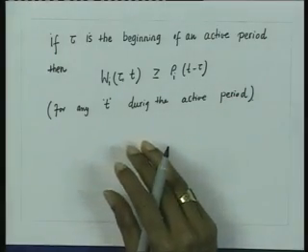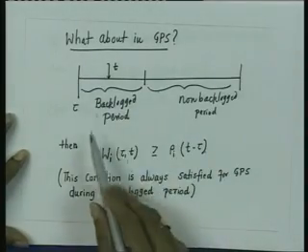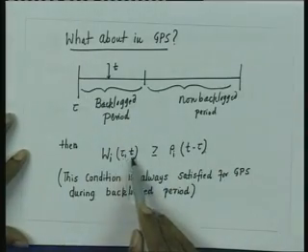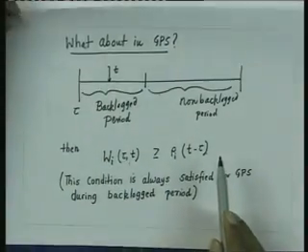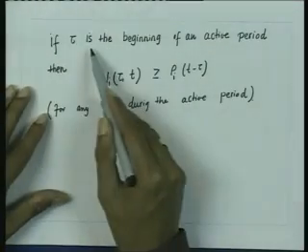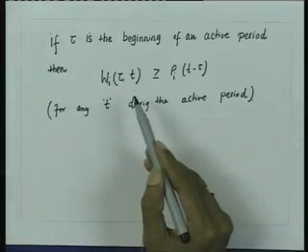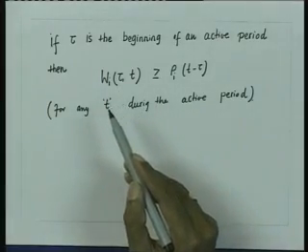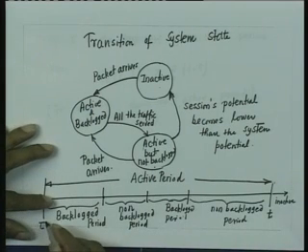On the other hand, as we had seen, in the case of a GPS server this result will hold true for any interval tau to t which is a sub interval of the backlog period. But this result does not hold good for the rate proportional servers. However, for the rate proportional servers, if tau is the beginning of an active period, then this result will hold good. So you can see here the rate proportional server state transition diagram.